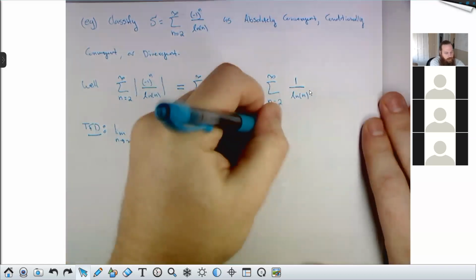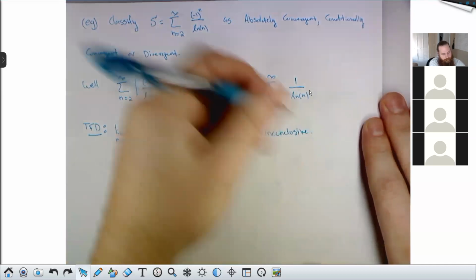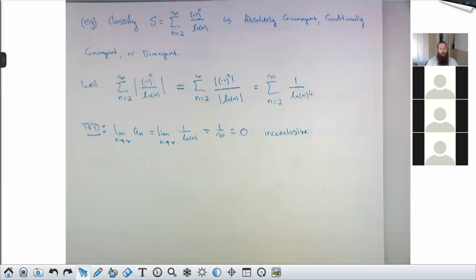This is inconclusive. So having the general term go to 0 does not mean the series converges. Now, the test for divergence says if the limit of the a_n is not 0, then the series diverges. But the other way around doesn't work. If the limit of the a_n is 0, we don't learn anything.